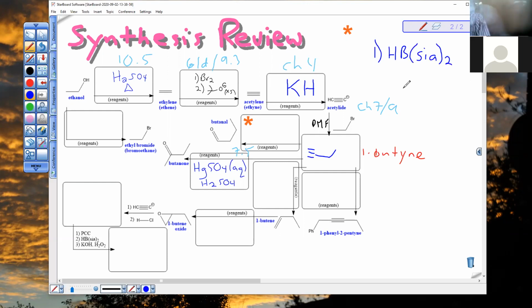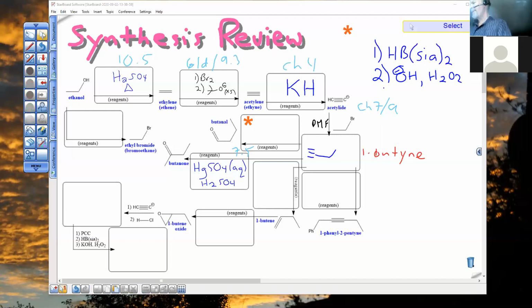And then we can trick the molecule into having an oxygen where there used to be a boron if we use hydroxide and peroxide, hydrogen peroxide. Other peroxides work, but that one is cheap and it works well enough for us.